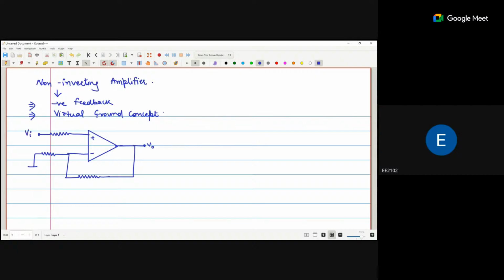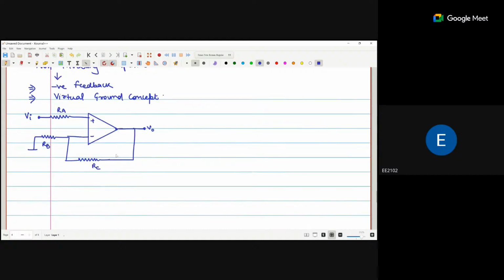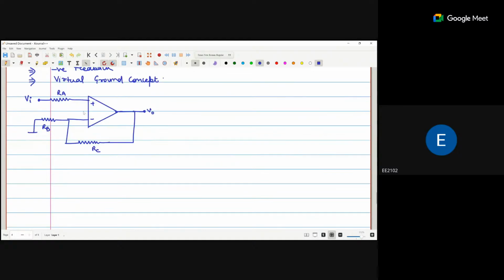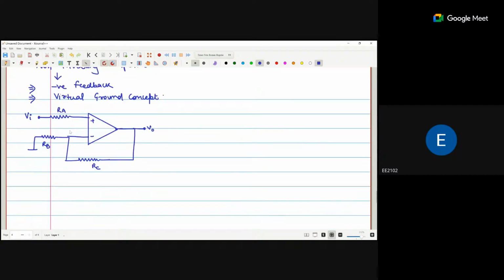I just consider RA, RB, and RC. So this configuration is called the non-inverting amplifier.